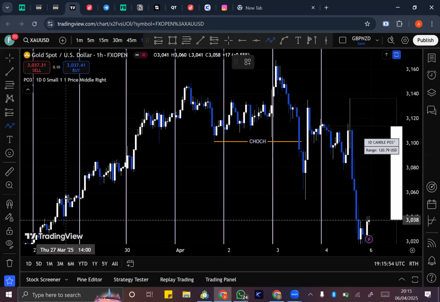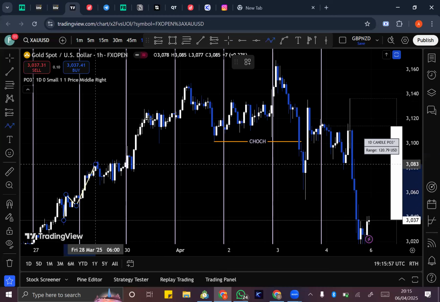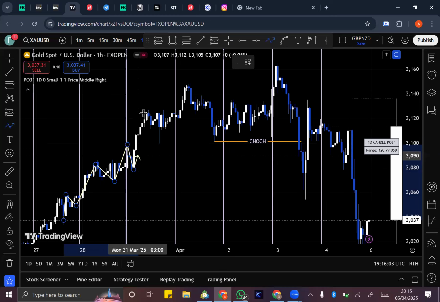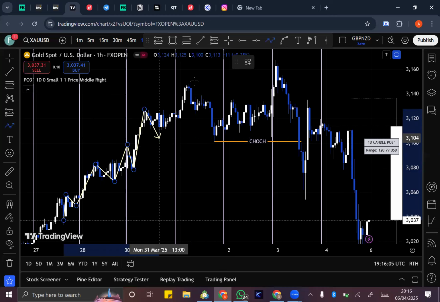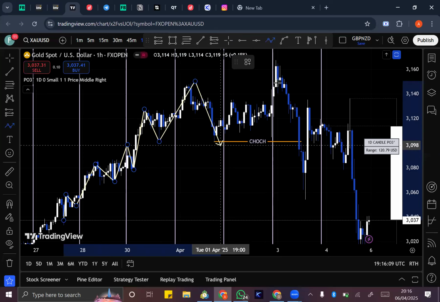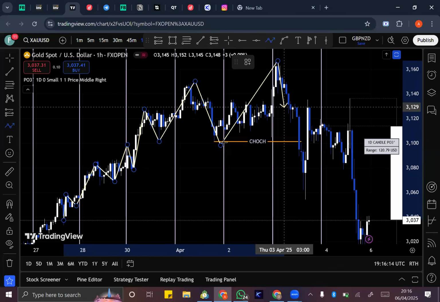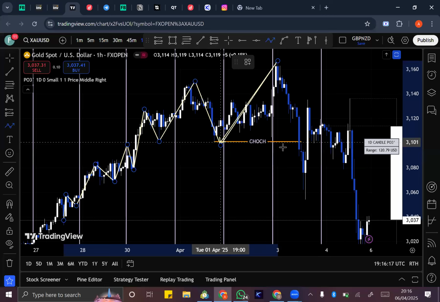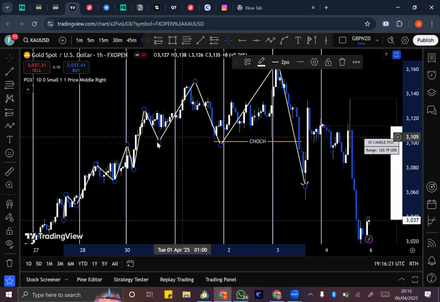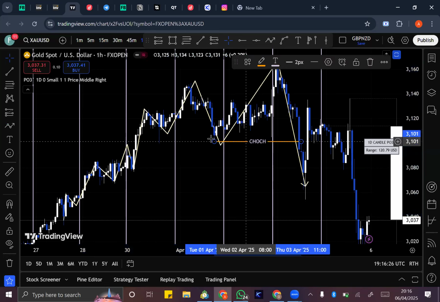You can see this higher high, higher low, higher high, higher low, creates another higher high right here, creates a higher low, higher high, higher low, higher high, higher low, takes out this liquidity, then creates another higher high, then it breaks the structure to the downside. First, it broke the structure to the downside, but it was weak, that was a liquidity for me.